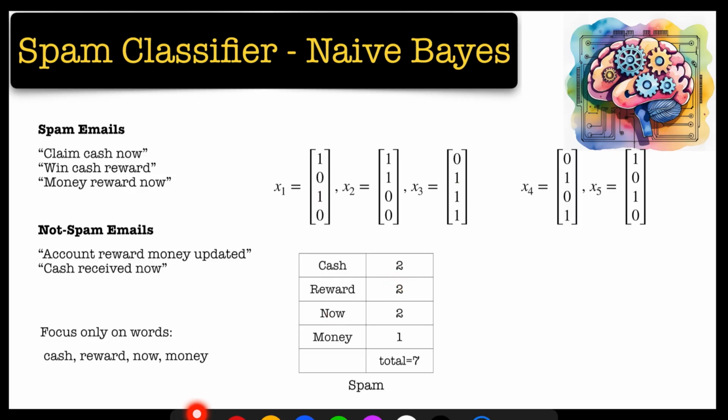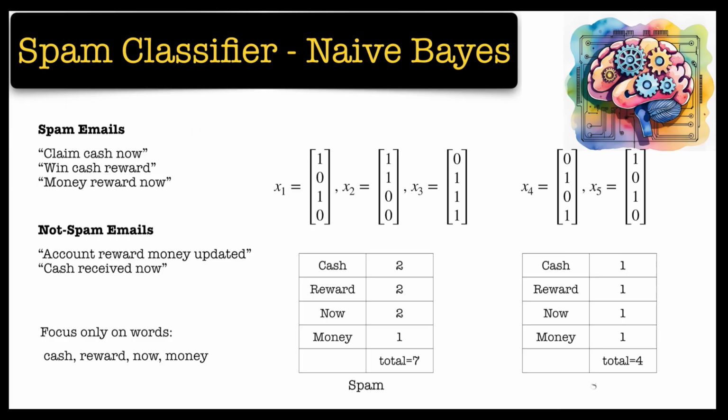Now 1 plus 1, 2. Money only 1. So now occurred 2 times, reward 2 times, and cash also 2 times. Only money occurred 1 time in the spam class. Similarly, for not spam, cash occurred only 1 time, reward 1 time, now 1 time, money 1 time. So from these vectors we can get that. There are a total of 7 words in the spam class and a total of 4 words in the not spam class, considering only these 4 words in the vocabulary.